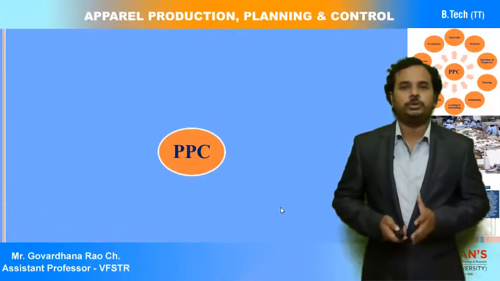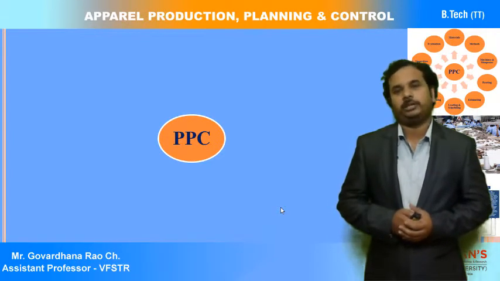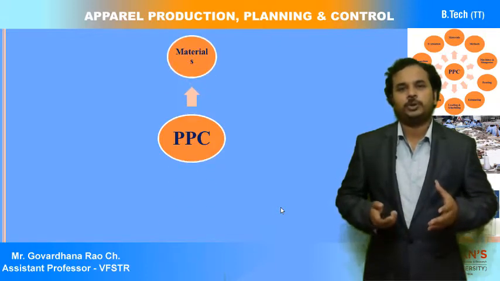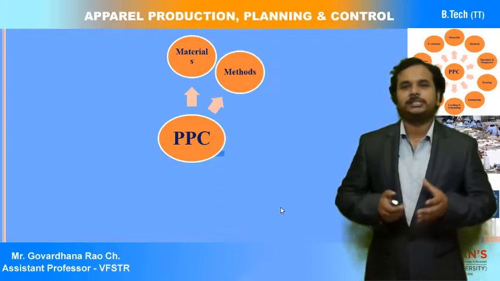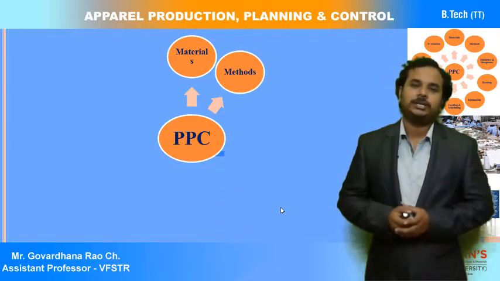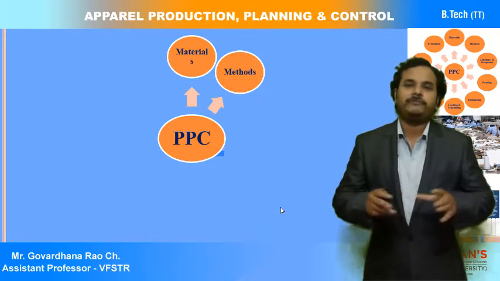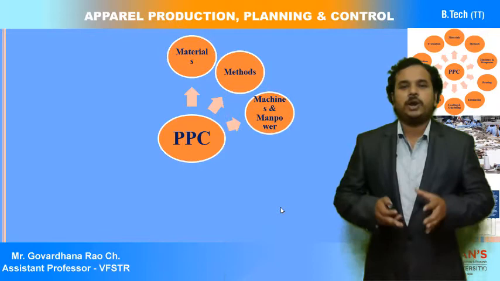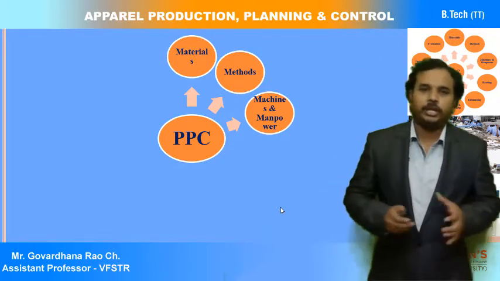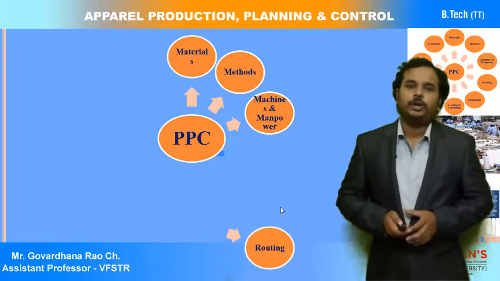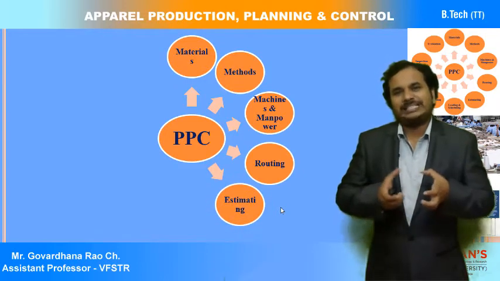Now we will move on to the different functions of the PPC department. The PPC is going to monitor the materials, that is, the sourcing of materials. Then what methods need to be followed in the different departments, what the machinery and manpower requirement is for the particular quality, what exactly the routing is, and the estimating.